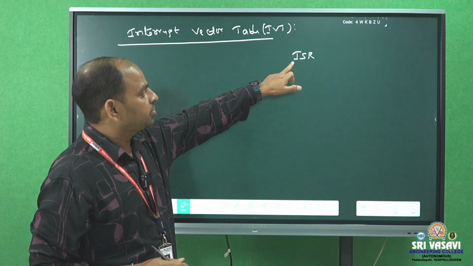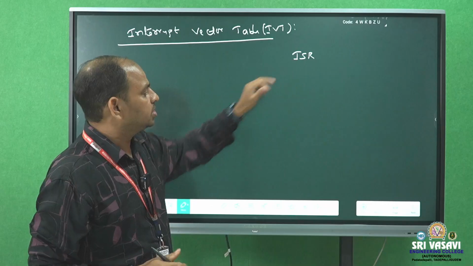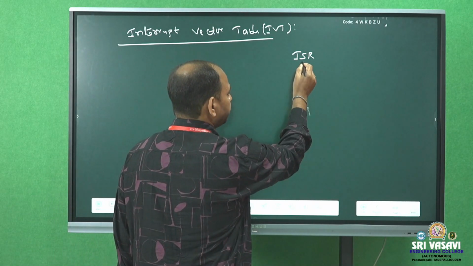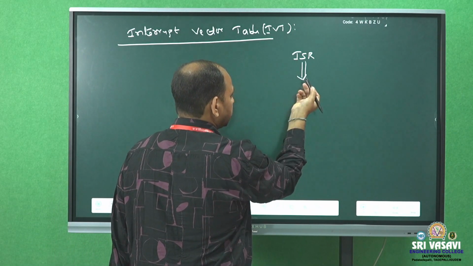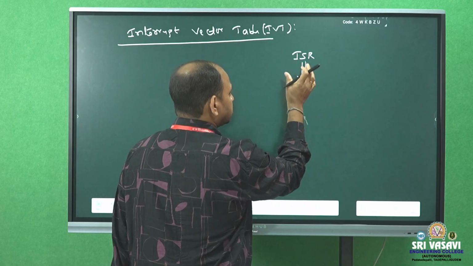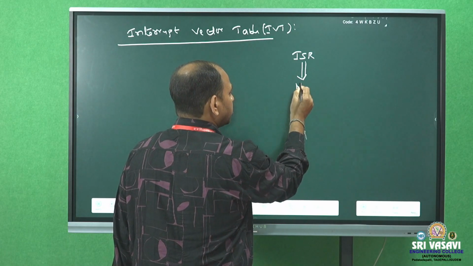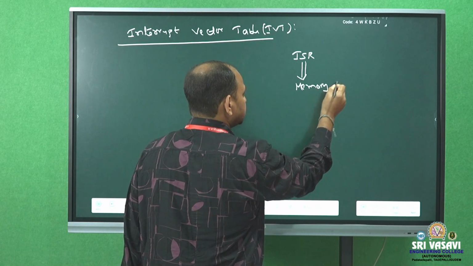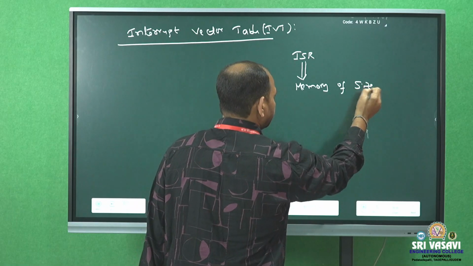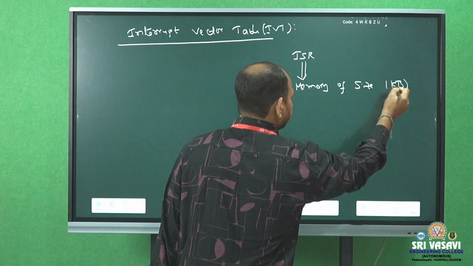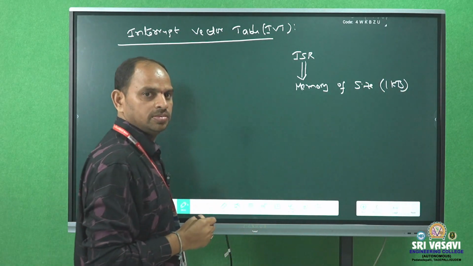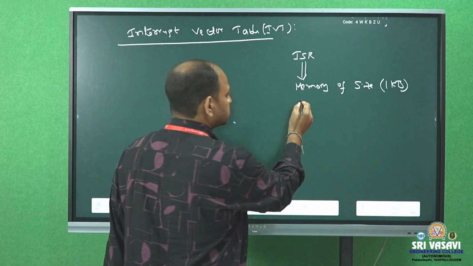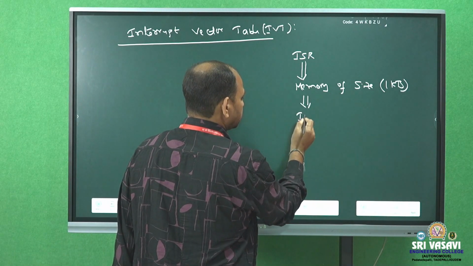The starting address of every ISR is stored in a memory of size 1 KB, 1 kilobyte. This memory is called the interrupt vector table.